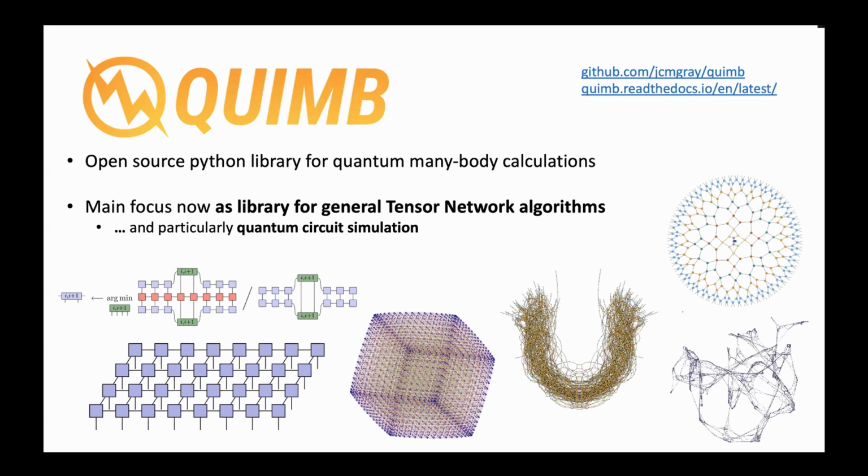The idea is to generally approach all types of quantum tensor network systems, or not just quantum, but all tensor network systems, beyond DMRG algorithms to higher dimensions and very unusual geometries, like some of the tensor networks I'm showing here. And next slide.